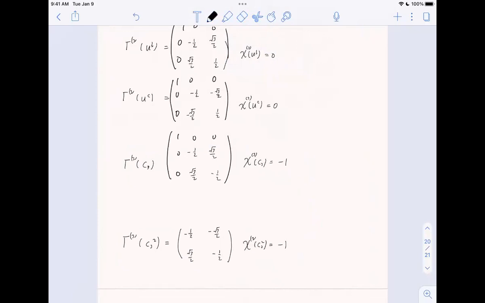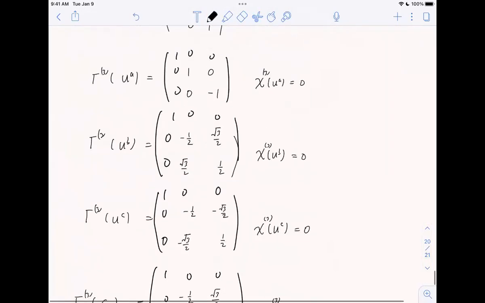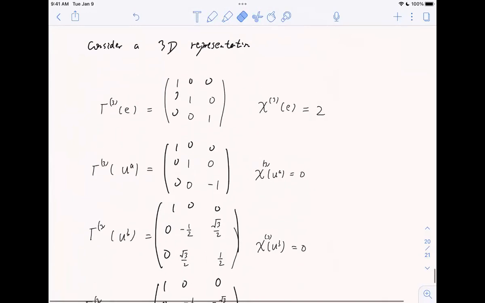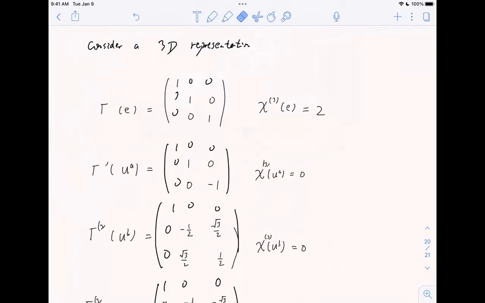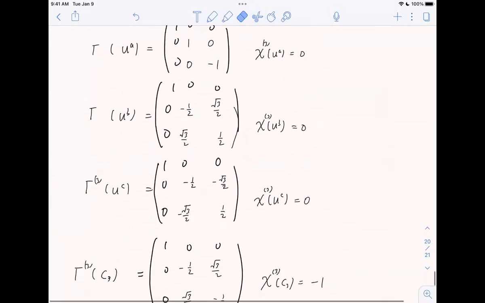You can easily make it complicated because once you do a similarity transformation on all of these matrices, the block form will be gone, and you won't know. If you want to make it more realistic, you can do a similarity transformation to mess up the block form. So here we can remove this 3. It's no longer 3. It's just a 3-dimensional reducible representation.